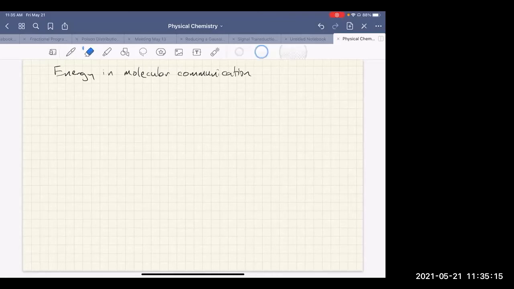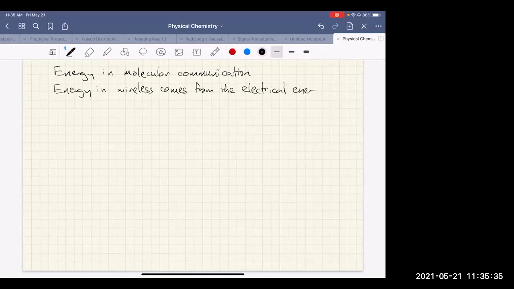By analogy, energy in wireless comes from the electrical energy applied to the antenna.